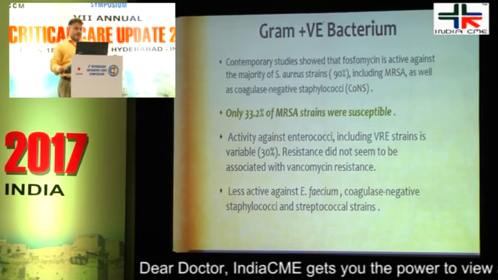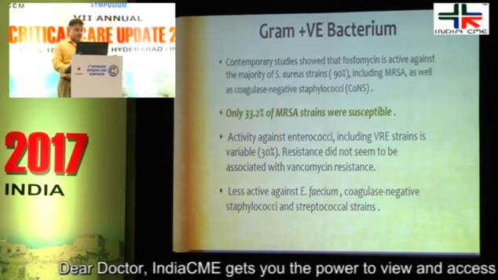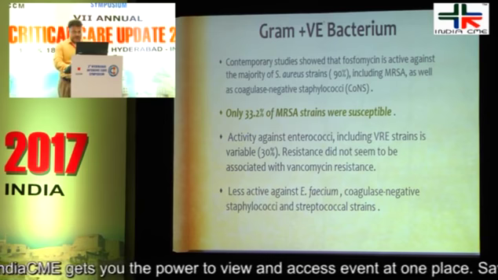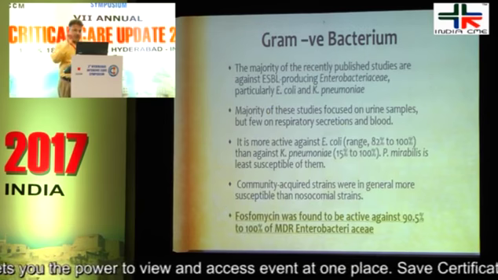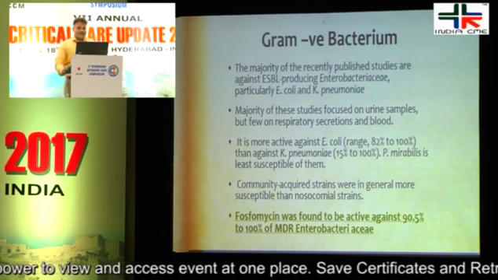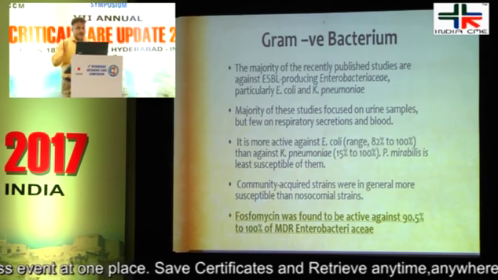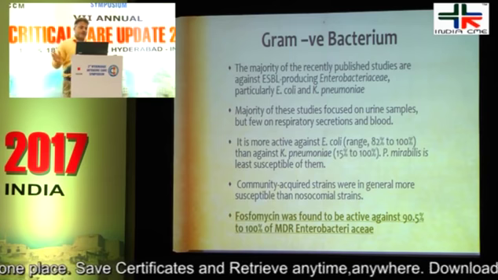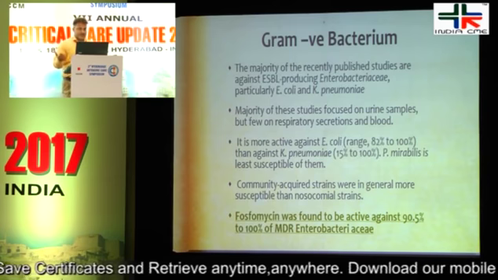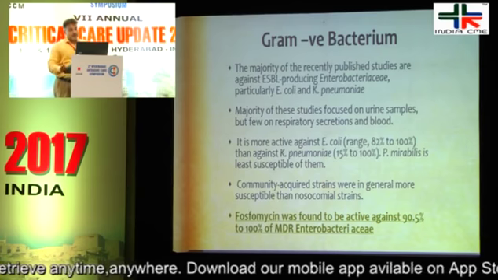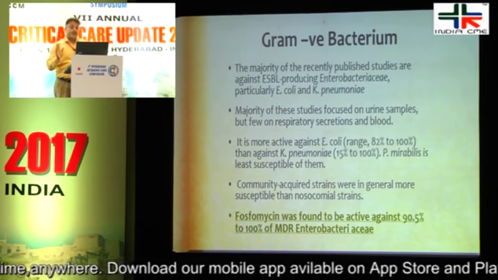Apart from that, Enterococcus faecalis has better sensitivity than Enterococcus faecium. In gram-negative bugs, particularly ESBL E. coli and Klebsiella pneumoniae, it has better sensitivity. E. coli has better sensitivity than Klebsiella pneumoniae, but Proteus was least susceptible. It was found to be active in 90 to 100% of MDR Enterobacteriaceae.